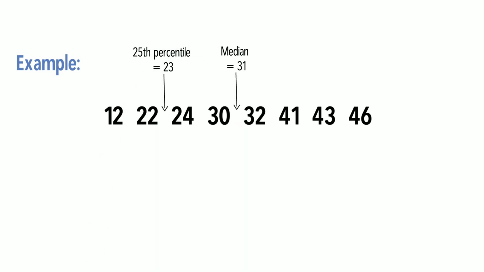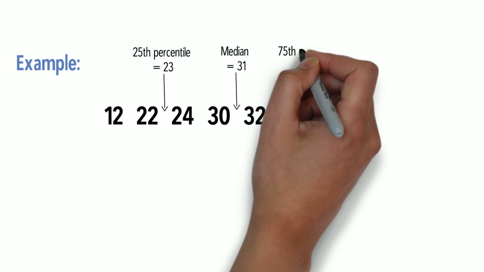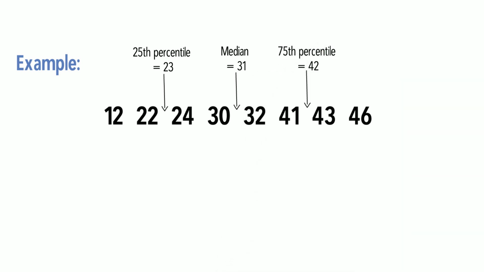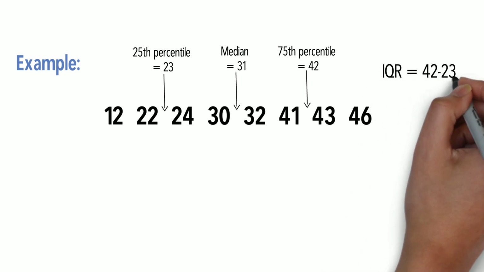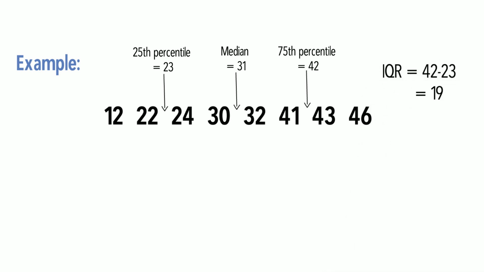And the 75th percentile is greater than 3/4 of the dataset. Here, that would be in between 41 and 43. Therefore, our interquartile range is 42 subtract 23. So our interquartile range is 19.